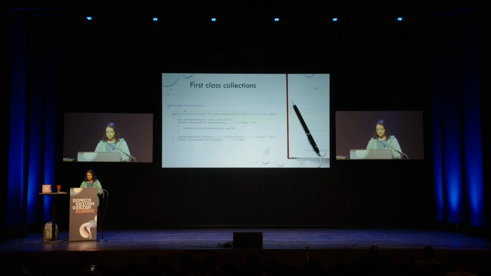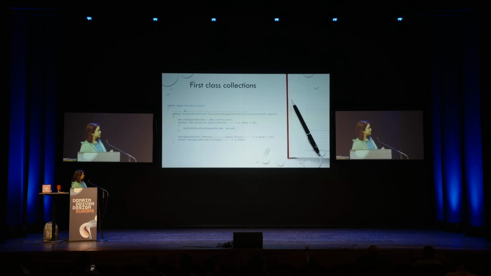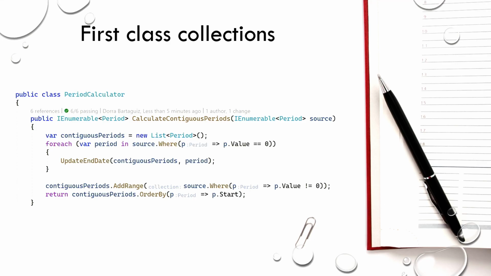Let me show you an example. Let's imagine this service period calculator that merges some contiguous periods. In this case, we can identify two smells. The first one is the same type as input and output.